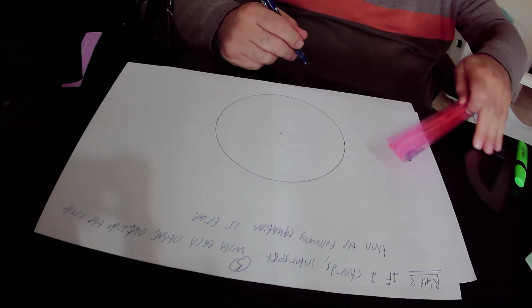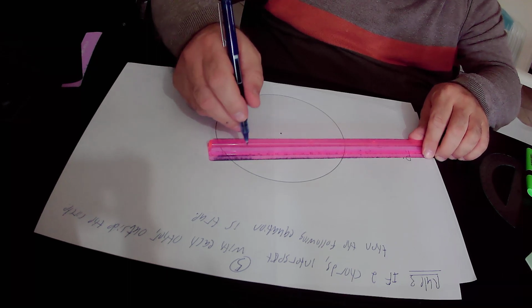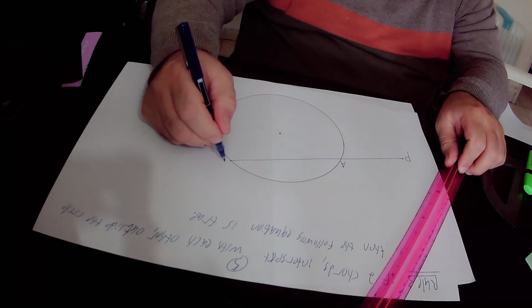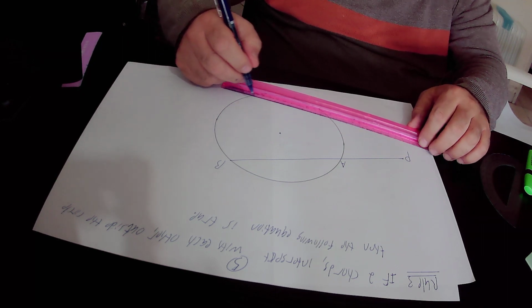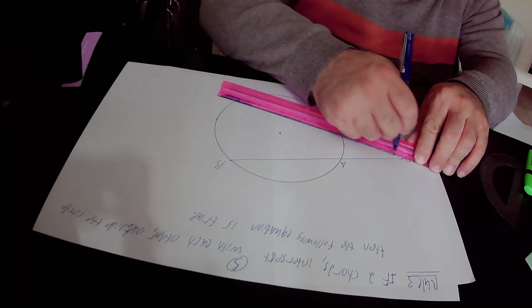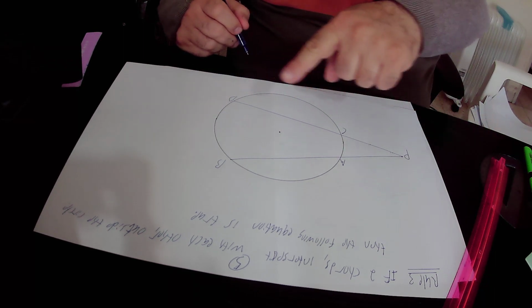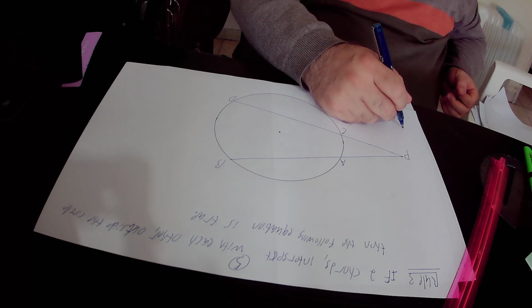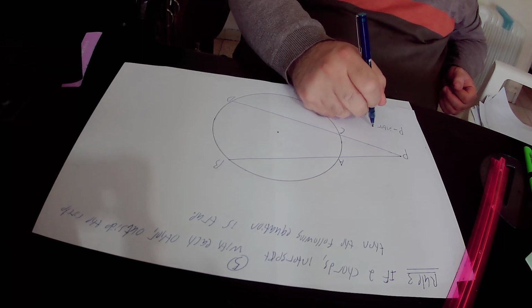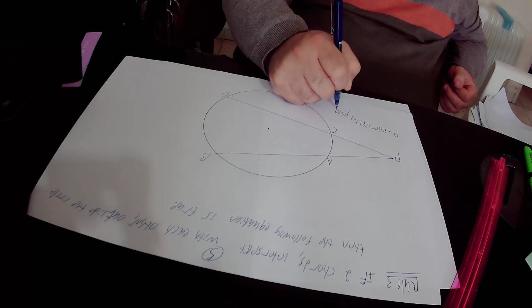This is chord AB that intersects with chord CD at point P. I repeat again, chord AB intersects with chord CD at point P. Point P is the intersection point between those two chords, AB and CD.